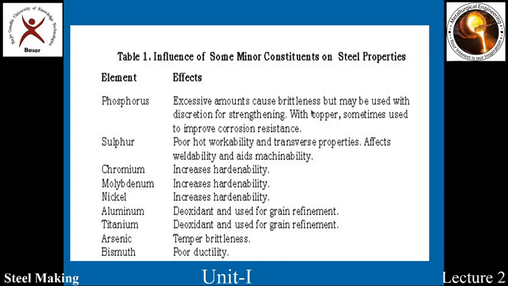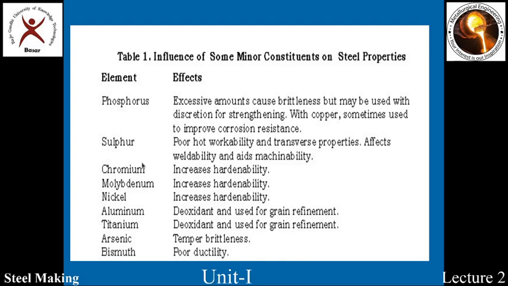So that's why it should be at an optimum level. And if sulfur is in excess, it affects hot workability in the hot working process. In this mechanical working process, you cannot deform further at higher temperature, so you cannot get the shape which you require.